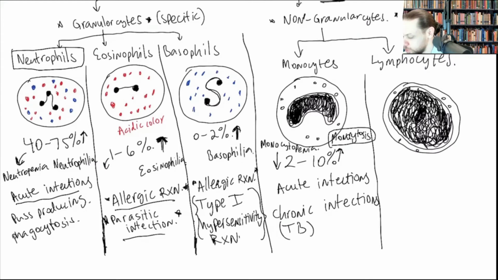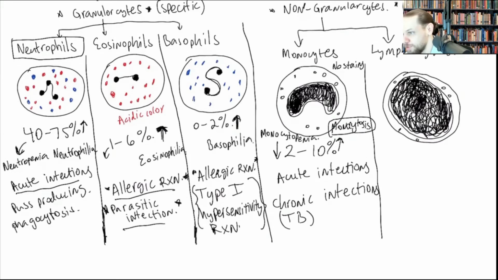And there are no stains here, so there's no blue color, there's no red color for the stains we just observed in these conditions. The next one is lymphocytes, right? So these cells, roughly speaking, depending on the lab, will be about 15 to 40% of the amount you have.